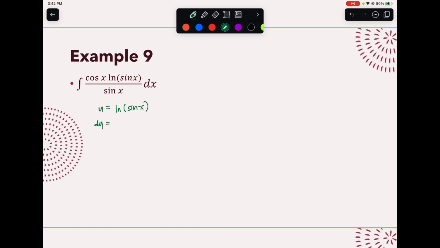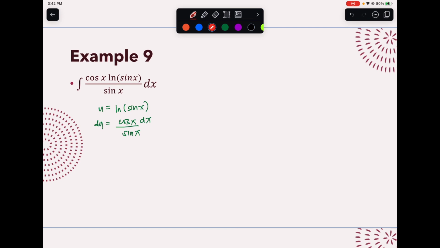Once we derive this, the derivative of ln would be du over u. So the derivative of sine x is cosine x dx, divided by sine x. Remember, du over u: the derivative of sine x is cosine x, over sine x, so cosine x dx.